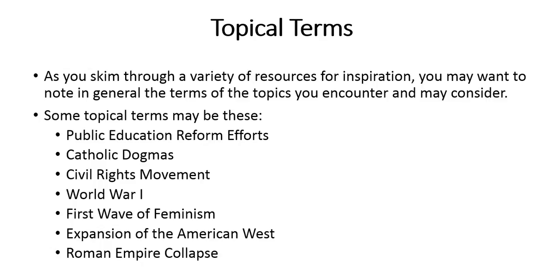So you're looking through your children's history books, the social studies books, right? And you come to a section where the civil rights movement is discussed, okay? And you found some interesting facts and figures on it, and it presents the movement in a way that you haven't really been exposed to, or are aware of. Write down the topical term civil rights movement and whatever else to help you remember.